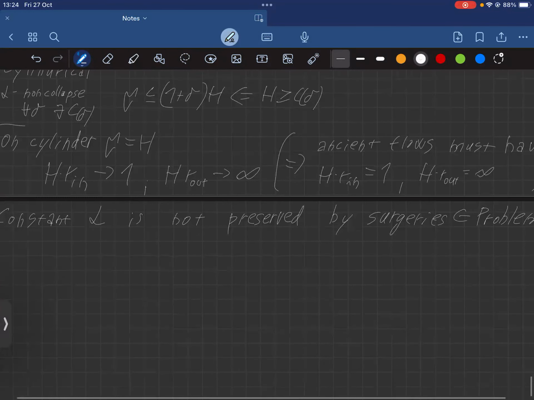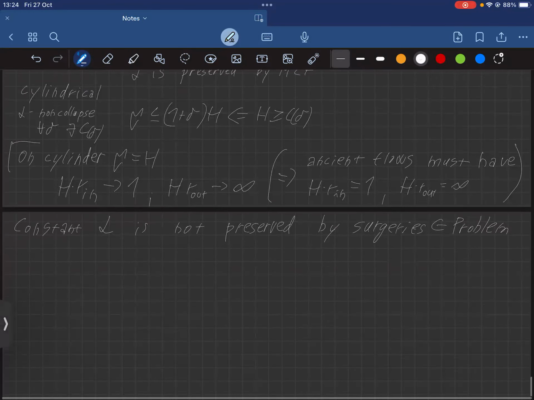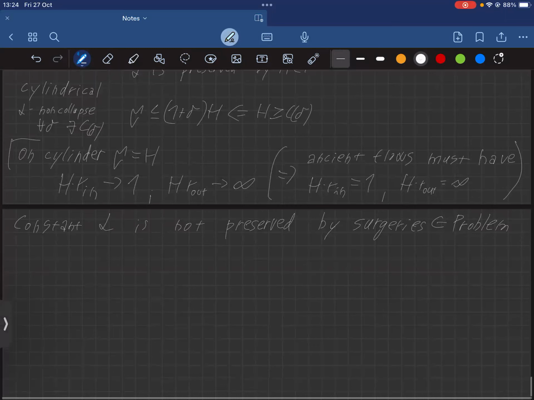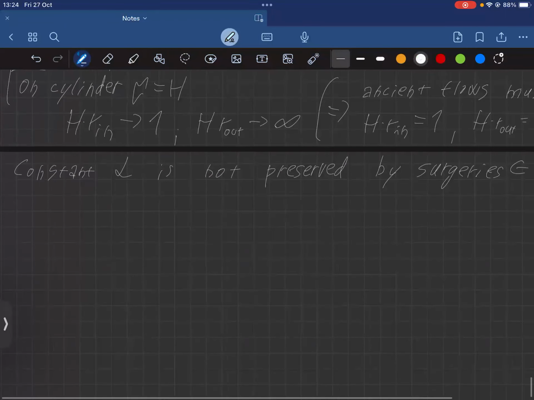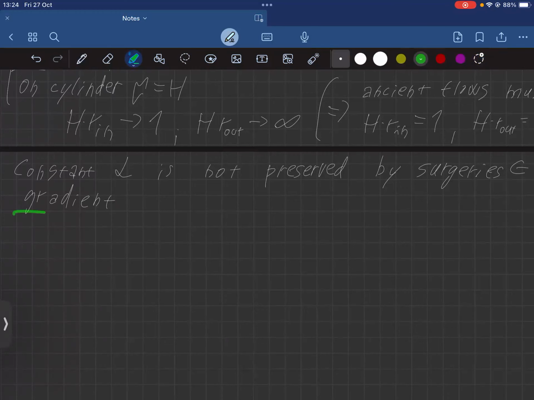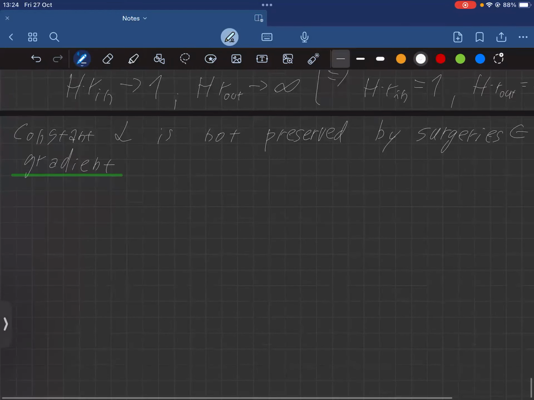I'm going to show the solution to this problem in a minute, but first, let me remind you of the gradient estimate that Vishnu has done. Again, there were some conditions.